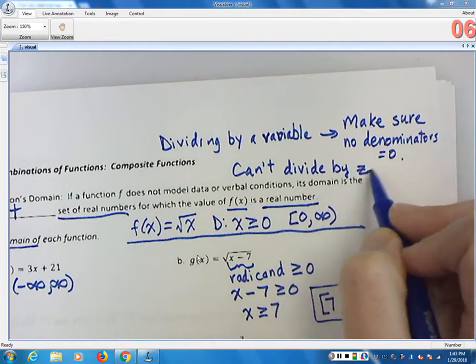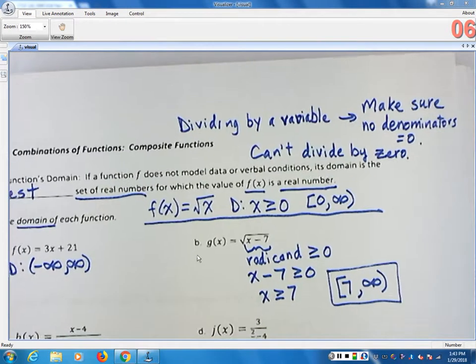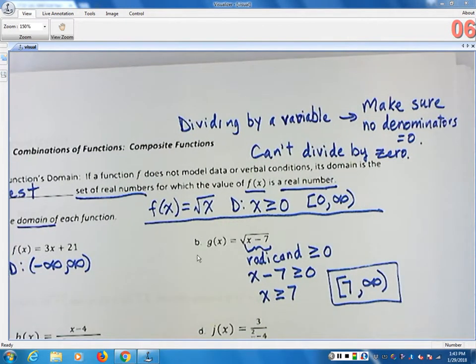So you have to restrict the domain to exclude the values that would make the denominator 0. So the next example, we're going to set the denominator to 0 and factor. Okay, and people are still copying that.